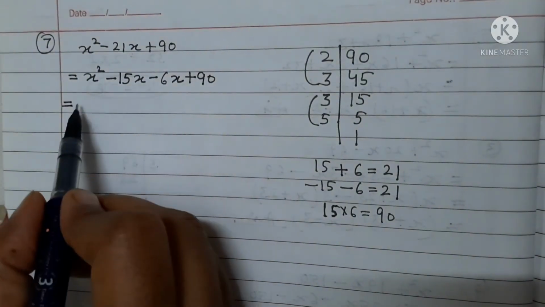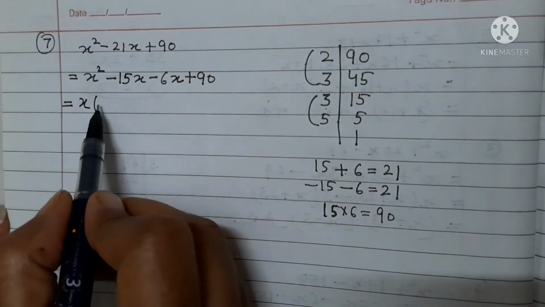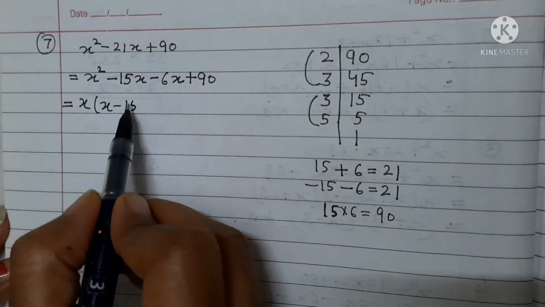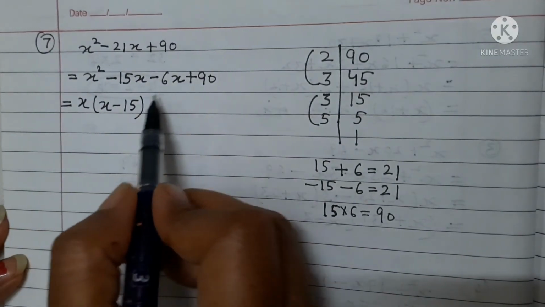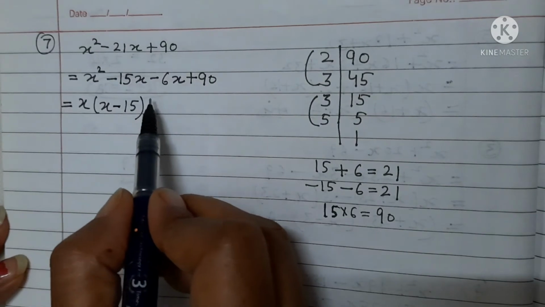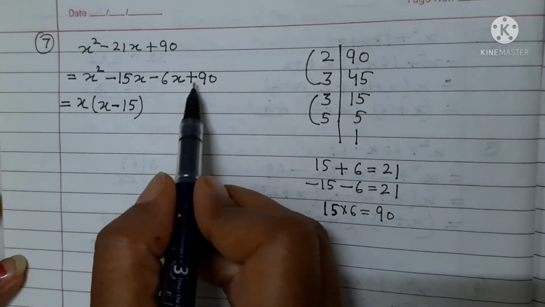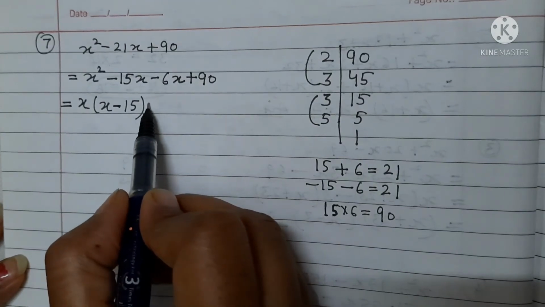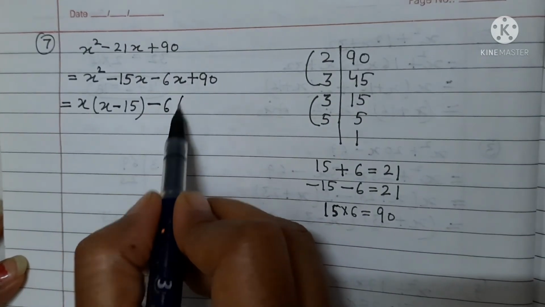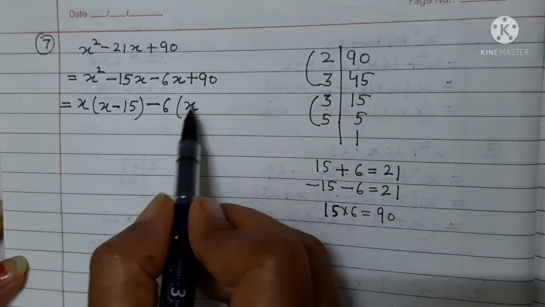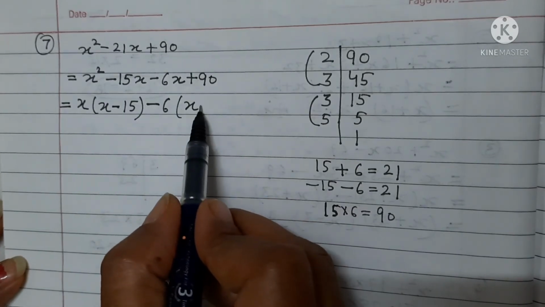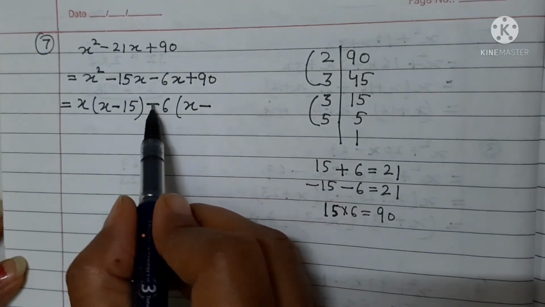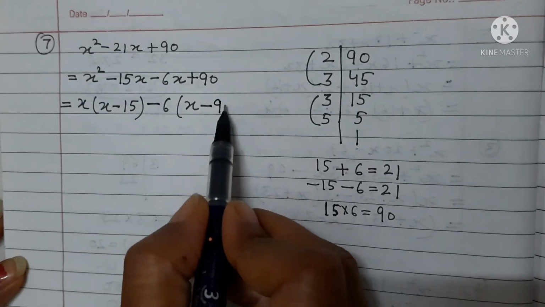Now in the next step, x common, x minus 15, and in the bracket minus, so watch what to do here. You can take minus 6 common, so this is x, and because this is plus, put the minus sign, so that minus into minus is plus.